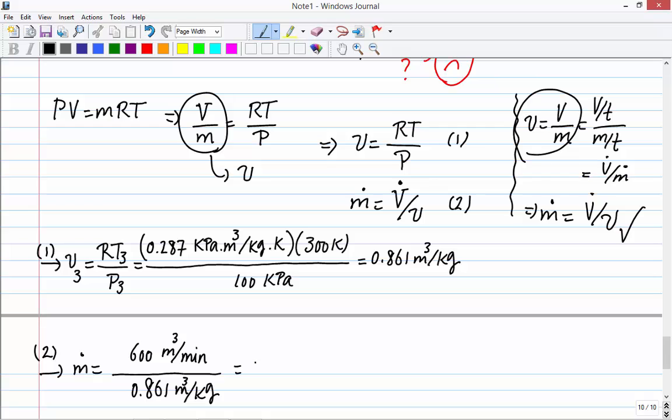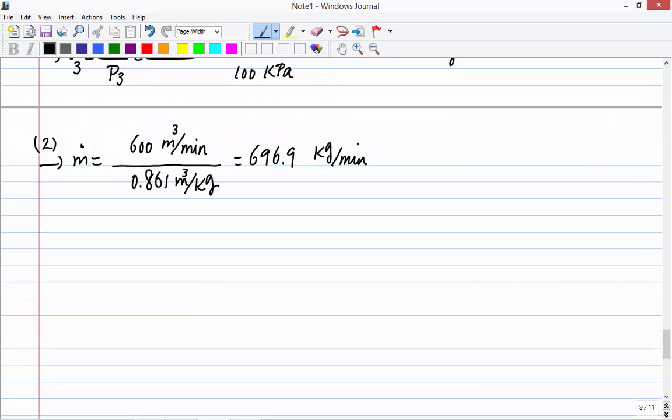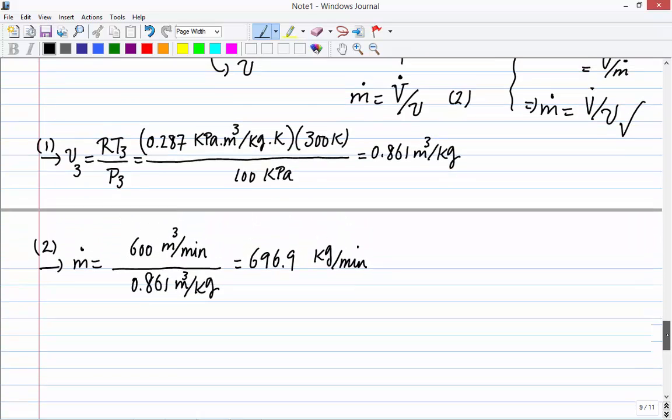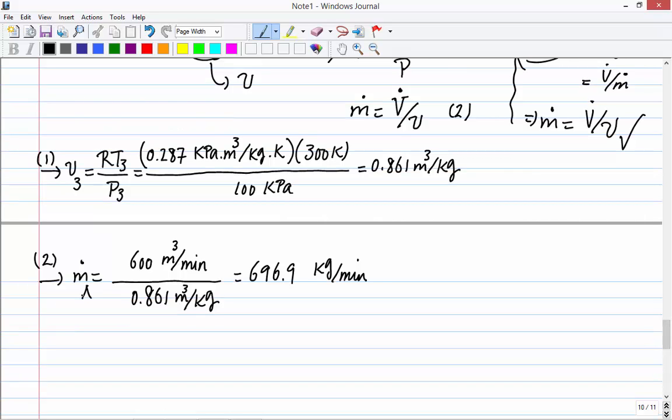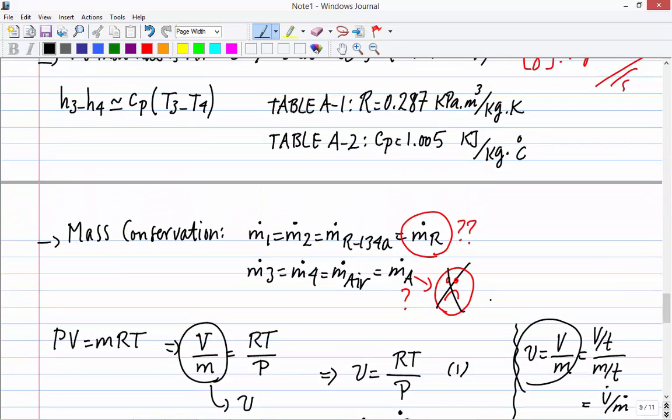That's going to be 696.9 kilograms per minute. We will finish this in just 1 minute, I promise. So I have m dot air. So let's go up there. M dot a, don't be sad, be happy, we found it.